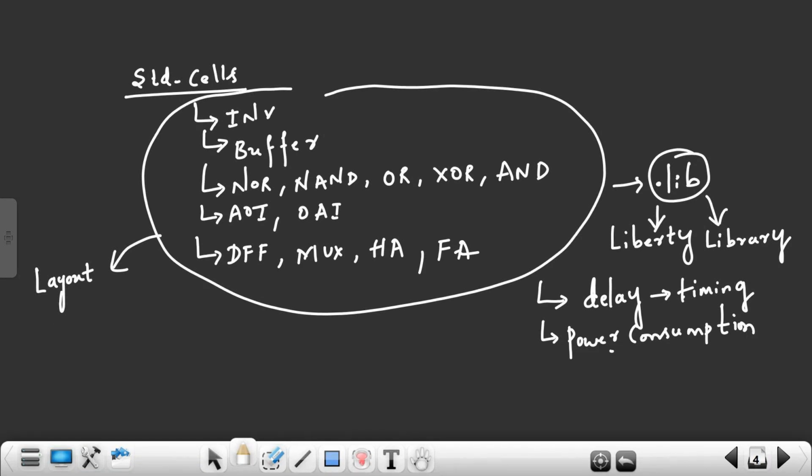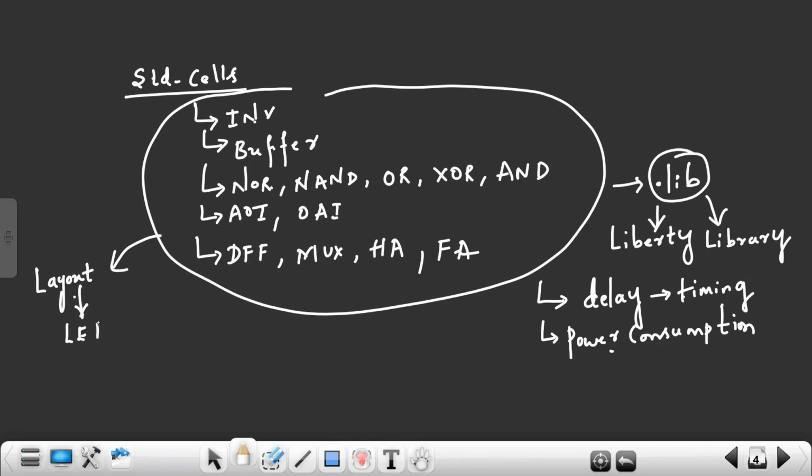There is a separate team called the layout team. I think you have also drawn layout in Innovus tool, in the Mentor Graphics layout editor tool, or Custom Compiler. The layout for all the cells is drawn, and this information is given in a file called the LEF file.